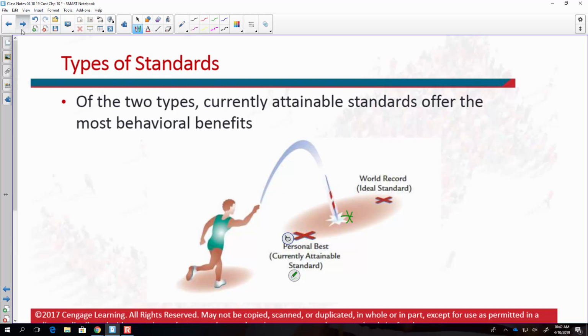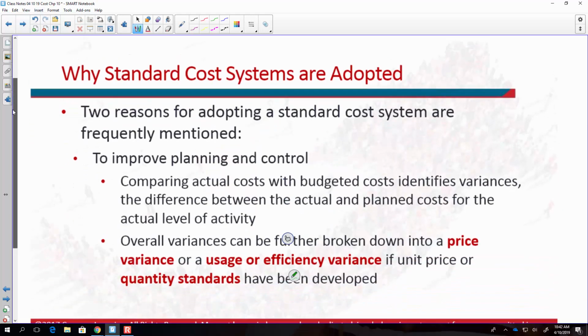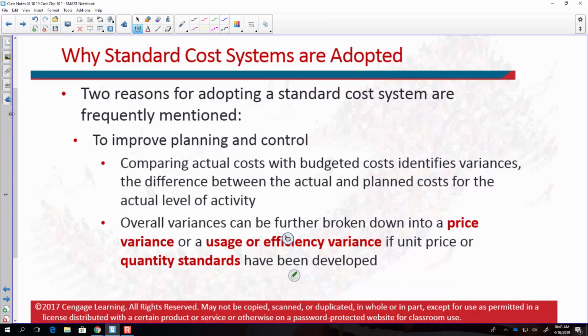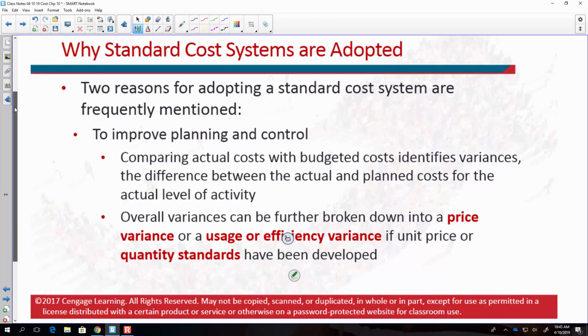All right. So, I think we've talked about variances, right? Here's that variance word coming back in. We've got to look at two standard variances, one called price and the other called usage.